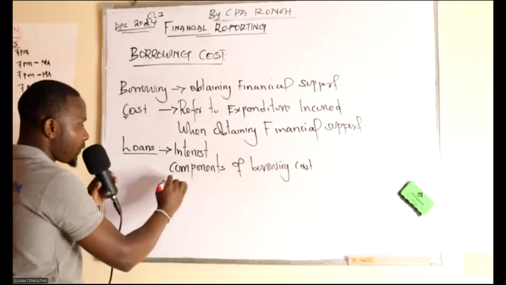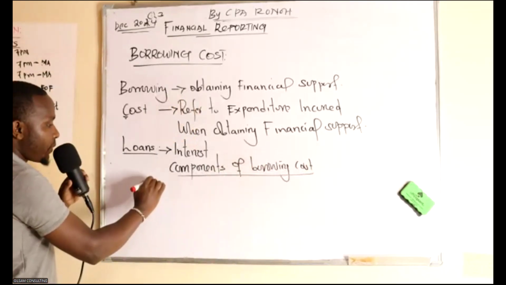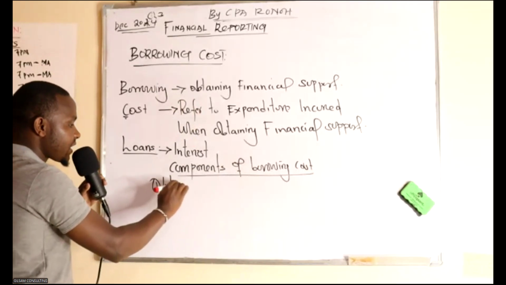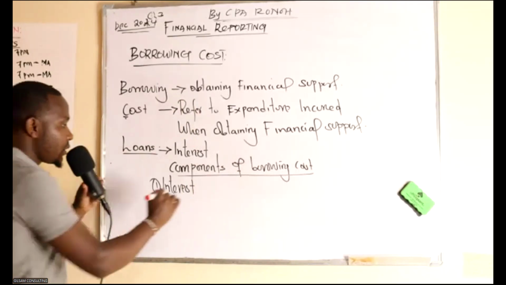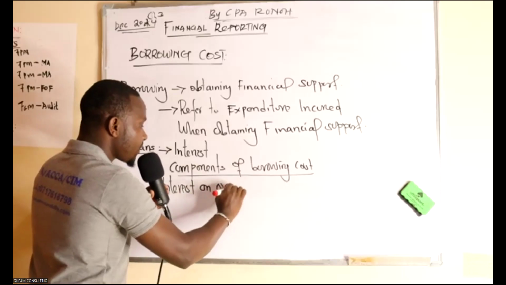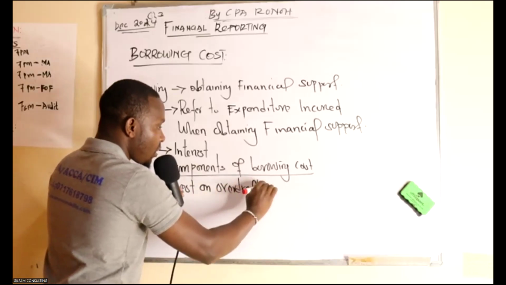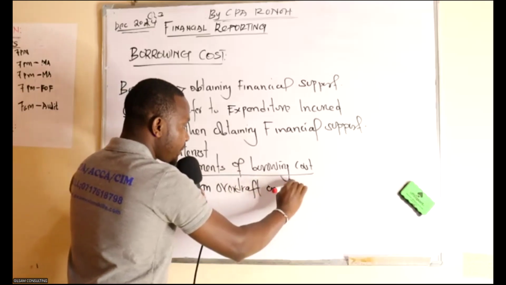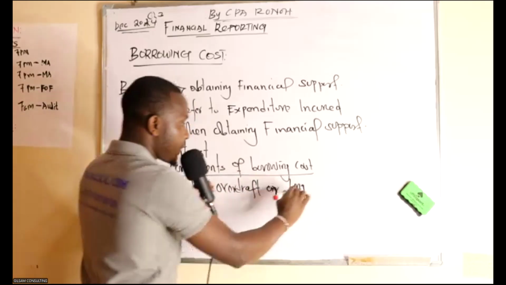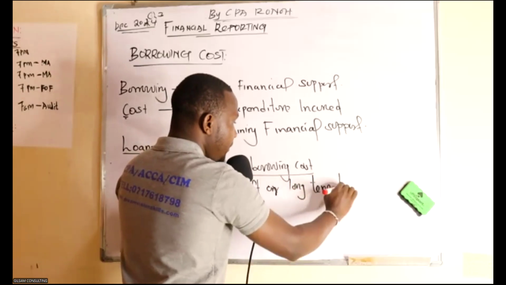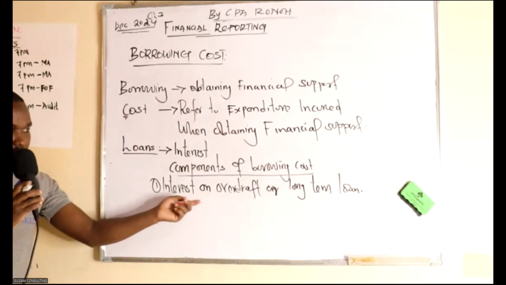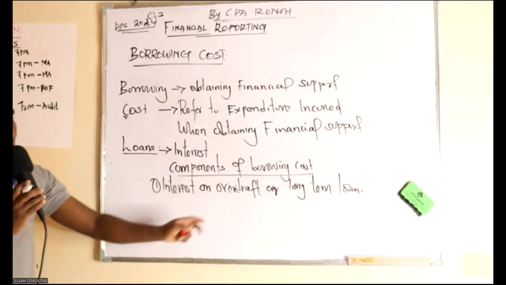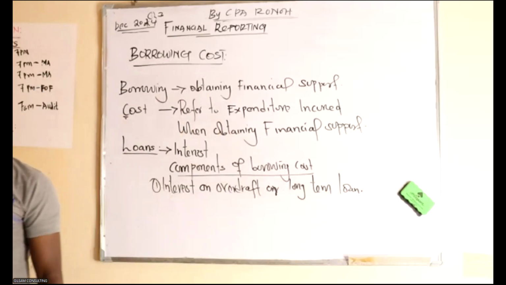So the first component is the interest on overdraft, or interest on a long-term loan. So one of the components of the borrowing cost is the interest on overdraft, or interest on a long-term loan.